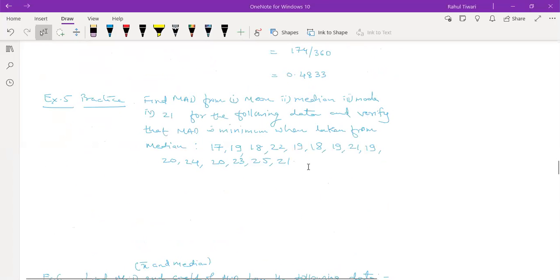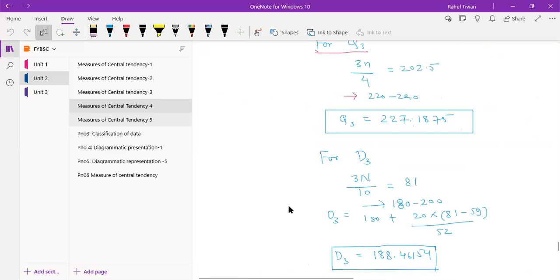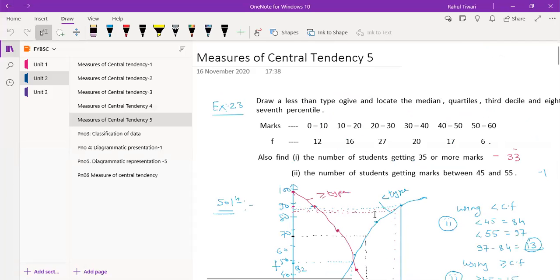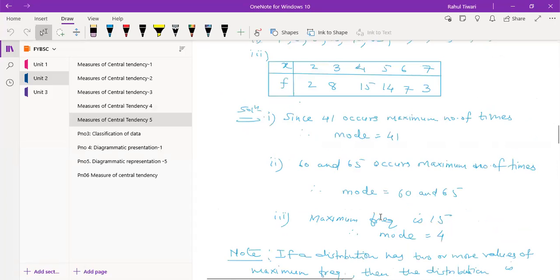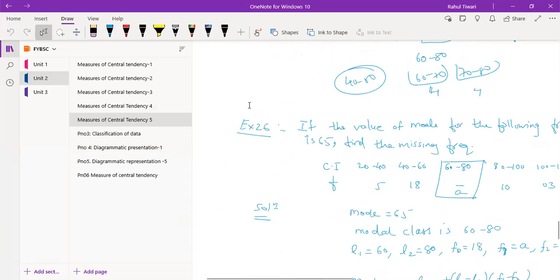The last notes of unit 2 are not uploaded because I was still writing them, but I will upload them. Videos of all notes are uploaded, so you can watch the video. Definitely I will upload this one too, which will be better, and you can write it down.